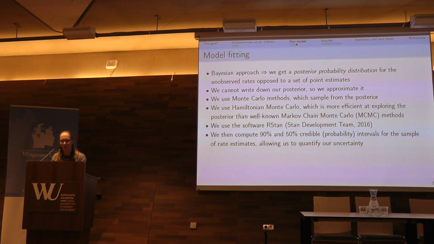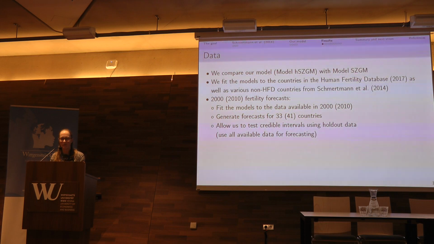In particular, we use Hamiltonian Monte Carlo, which is a more efficient way to do the sampling compared to other MCMC methods. We fit the model in R using the software RStan, and then once we've got the samples for the unobserved rate estimates, we compute 90% and 50% credible intervals, or probability intervals. So the interpretation is that there's a 90% or 50% chance that the interval will contain the true rate estimate, and this allows us to quantify our uncertainty.